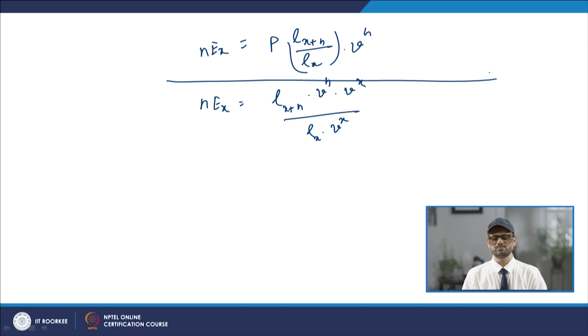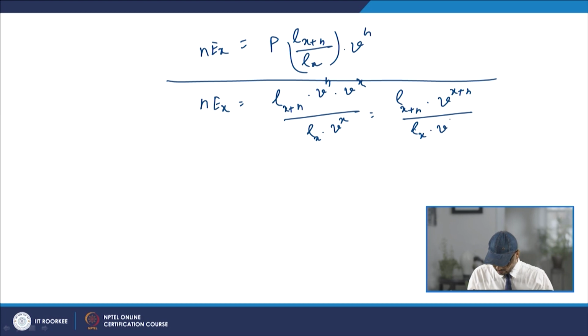Now you can further simplify this as lx plus n into v^(x+n) at the top, and at the bottom lx into v^x. If you recall, lx into v^x is equal to Dx. So you can write it as D(x+n) divided by Dx.